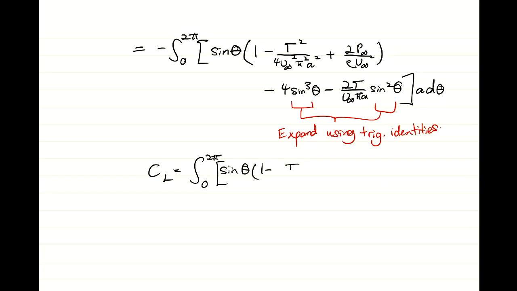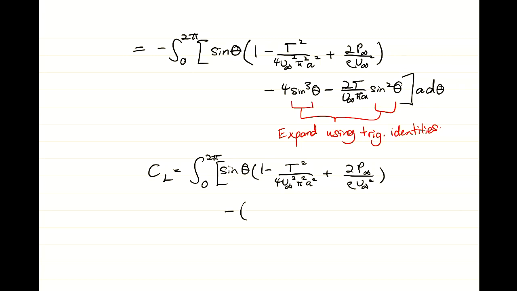1 minus gamma squared over 4 u infinity squared pi squared a squared, plus 2 p infinity. Okay.